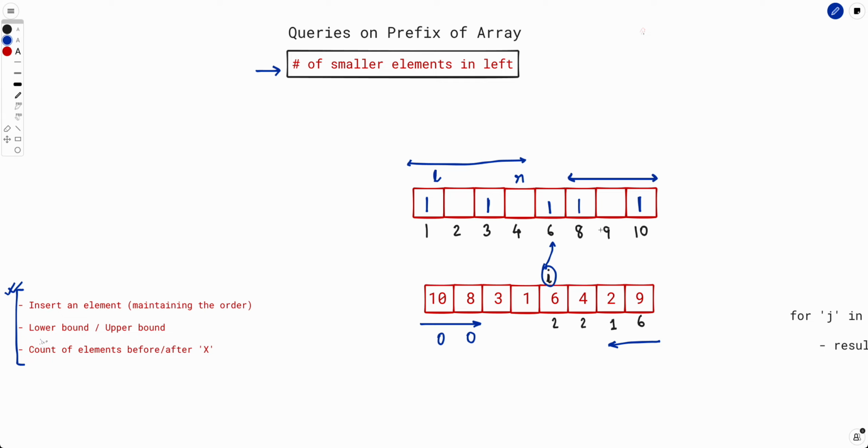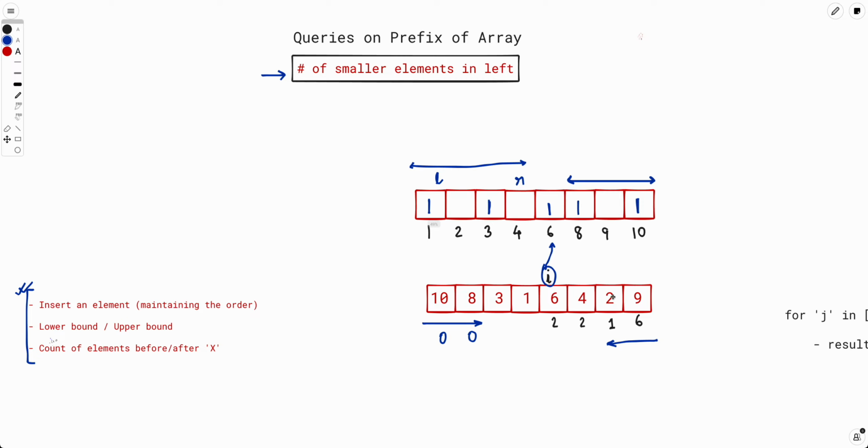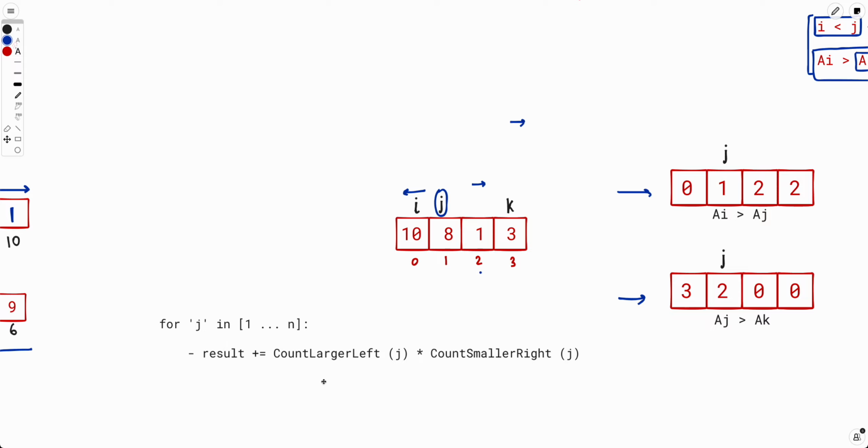And you know that because you have activated only the indexes which are in the left, the sum in this particular range would give you the count of indexes which are actually greater than 6 and lie in the left of 6, right? And that's what you want. You want all the elements which are greater than the current index and also lie in the left.